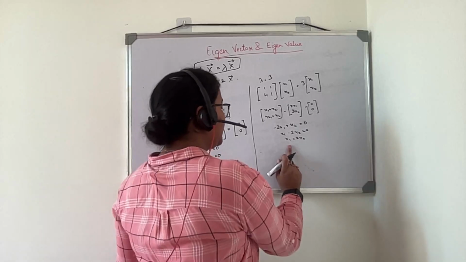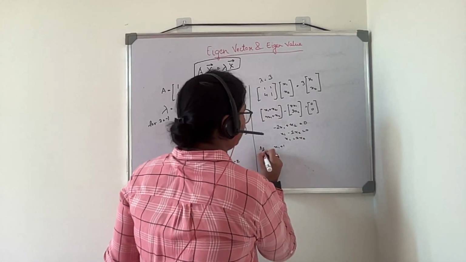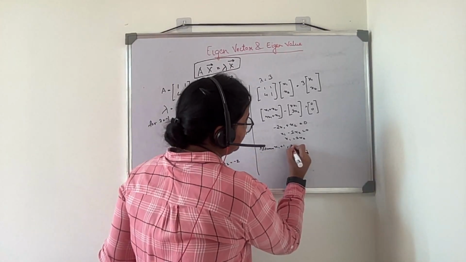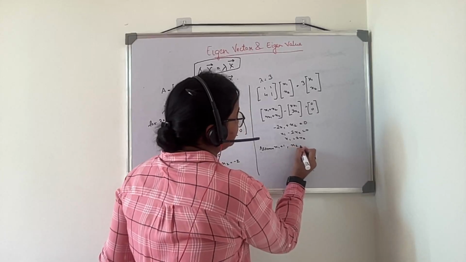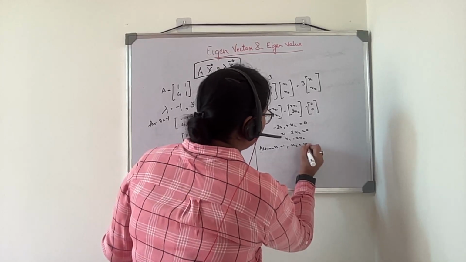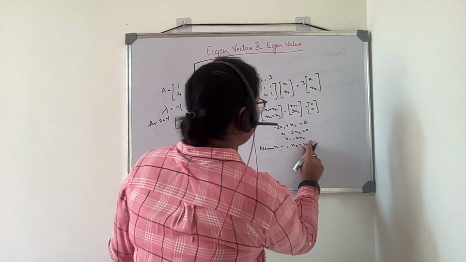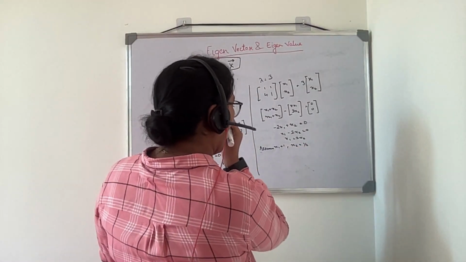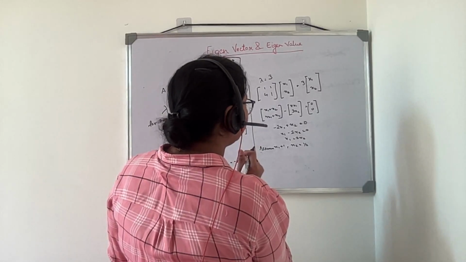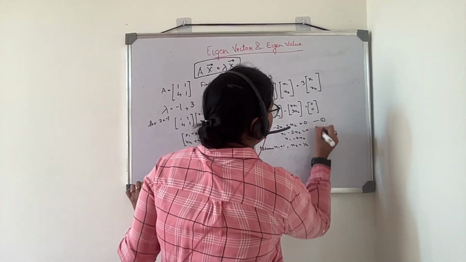So assume x1 equal to 1, then we get x2 equal to 1 by 2. This is number 1, this is number 2.